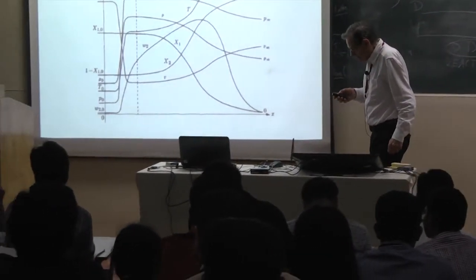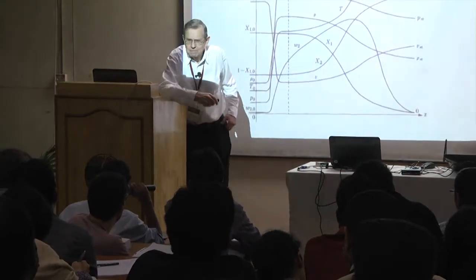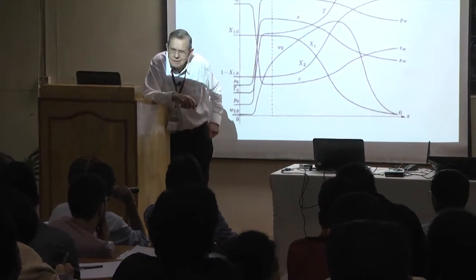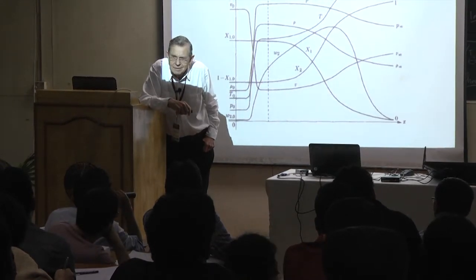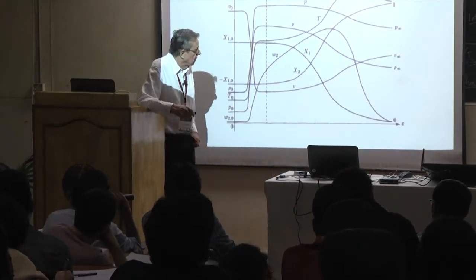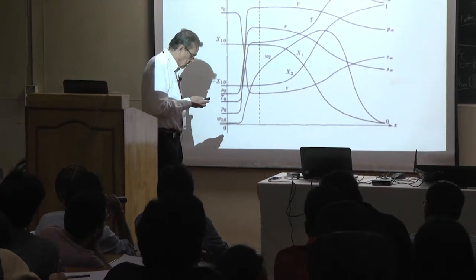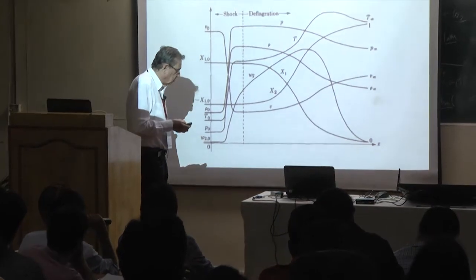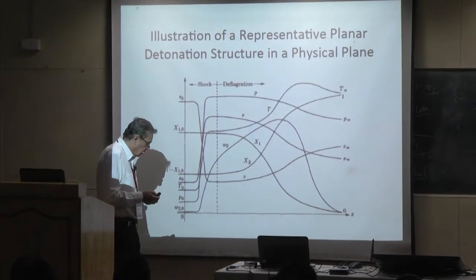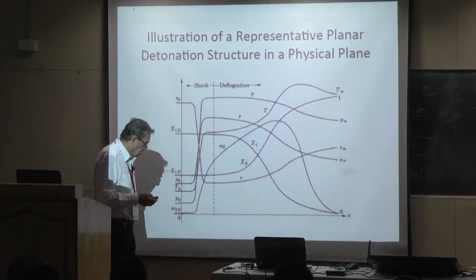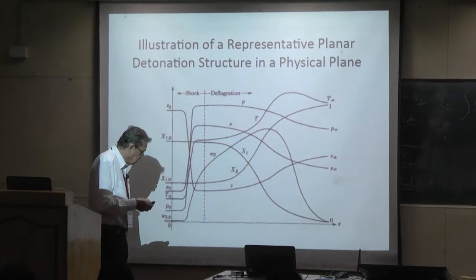Yes. In the phase plot, you have not indicated any direction. Is there any specific reason you have not indicated any direction, whether it is a stable node or an unstable node? Yeah, I didn't indicate direction.